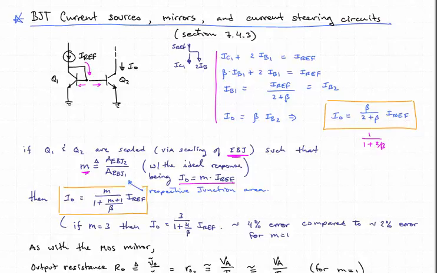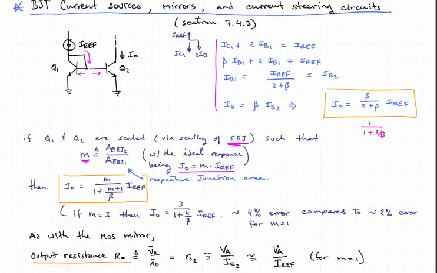When we do that, if you go through the analysis again, we'll find that IO is equal to this scaled version of IREF. And just to see the effect of having an M that is other than 1, in this first example, M would be equal to 1.